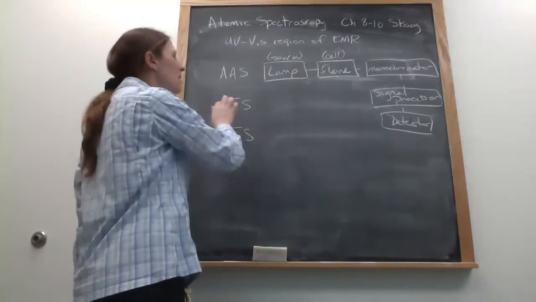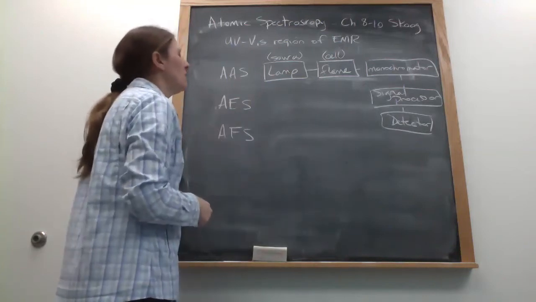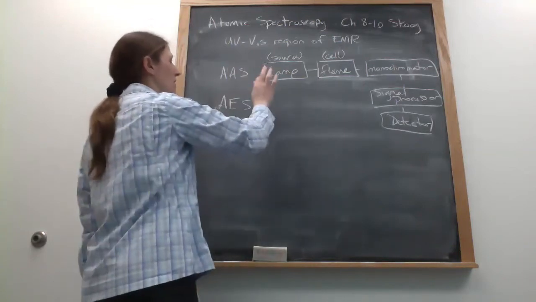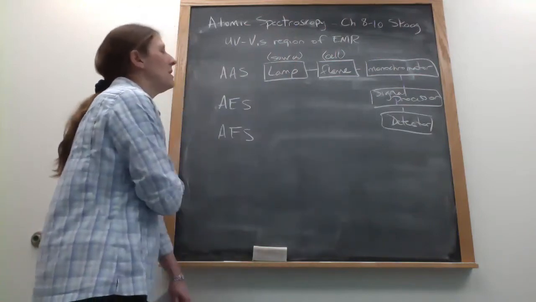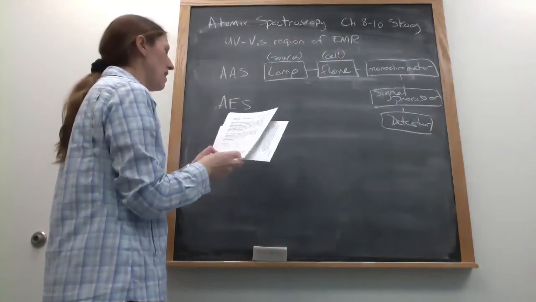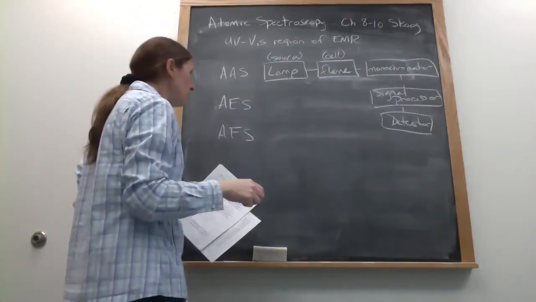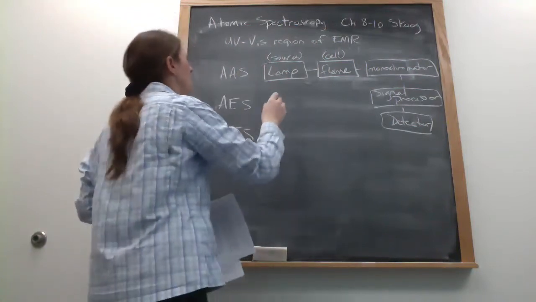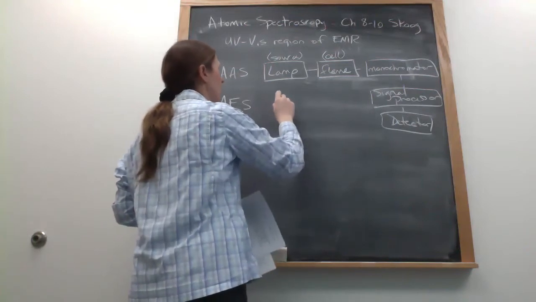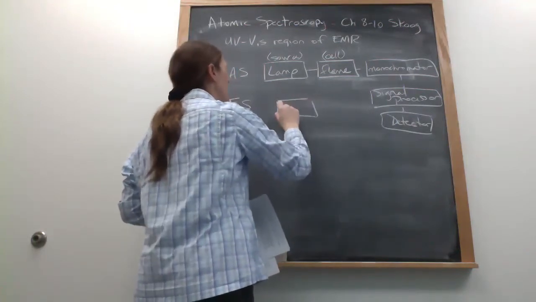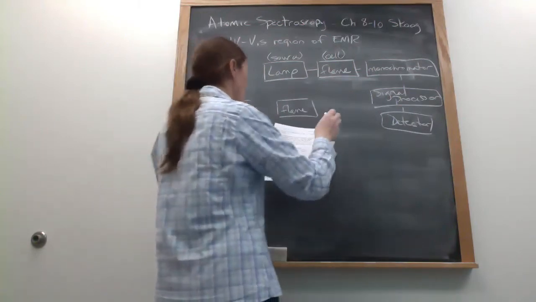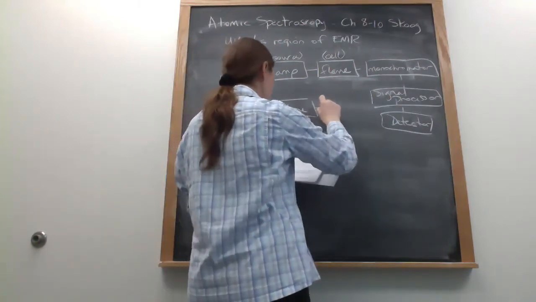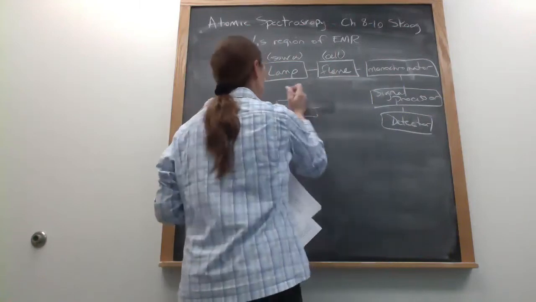Atomic emission, since we don't use a light source, since we don't excite the atoms with a light source, we excite the atoms in the flame. We are going to use a flame followed by a monochromator.